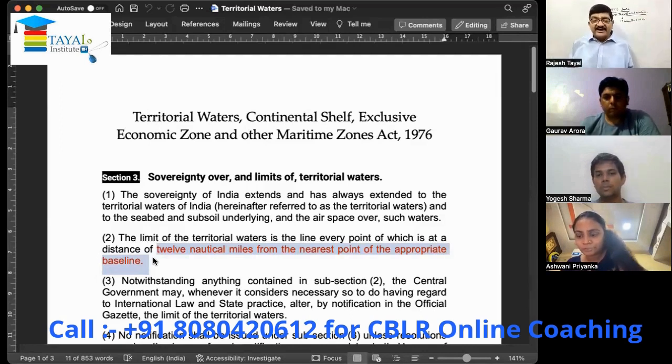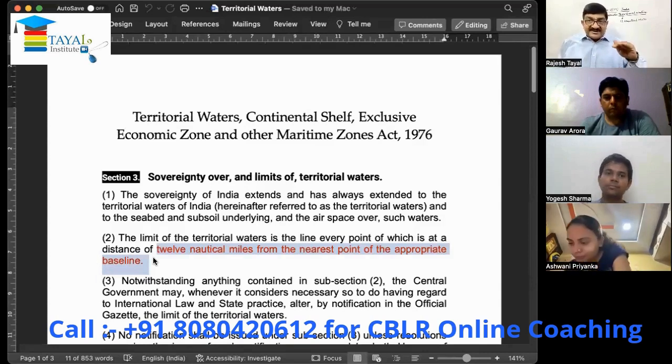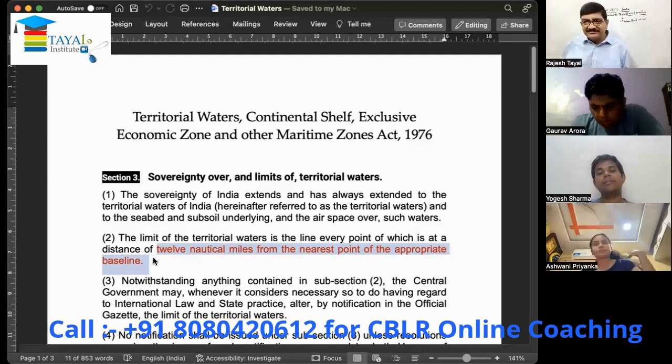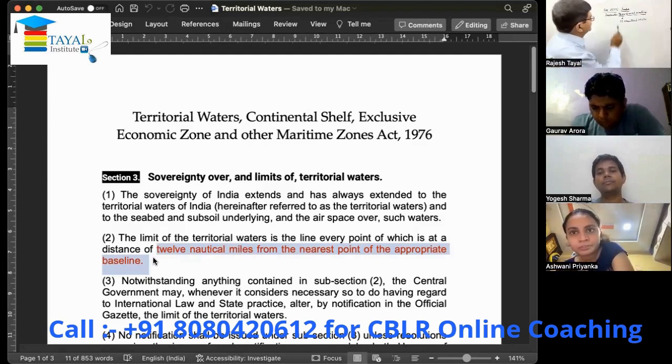Now the question is whether the seabed and the sky are also covered in this, or it is only waters. Covered, sir. Where is it covered? The word includes will take care of this.